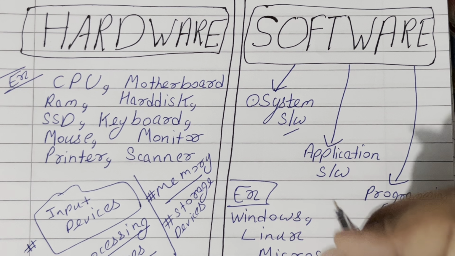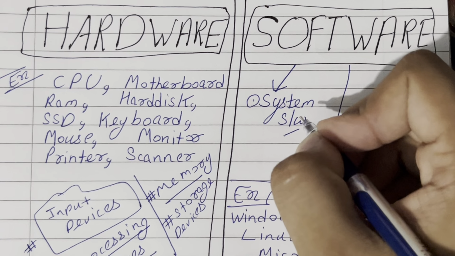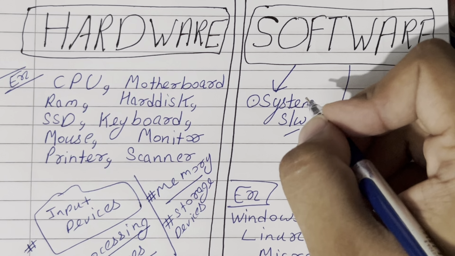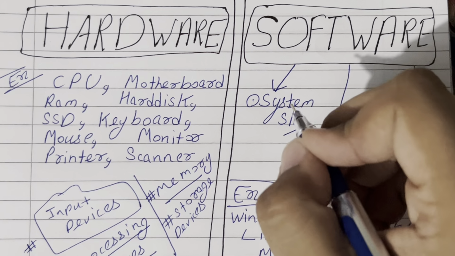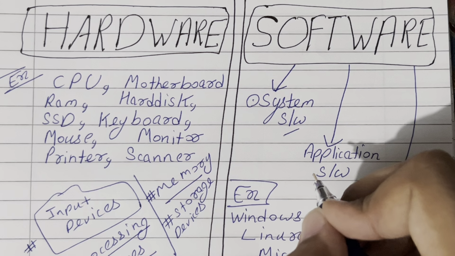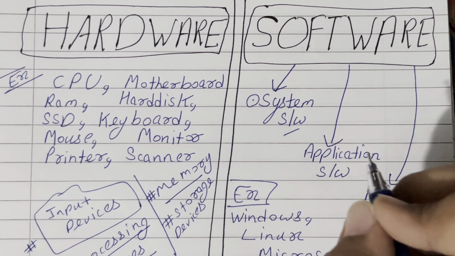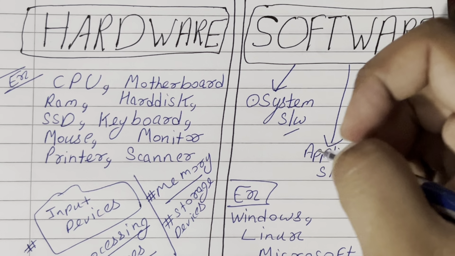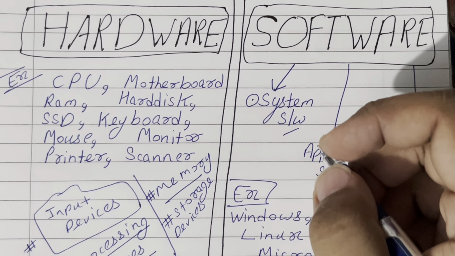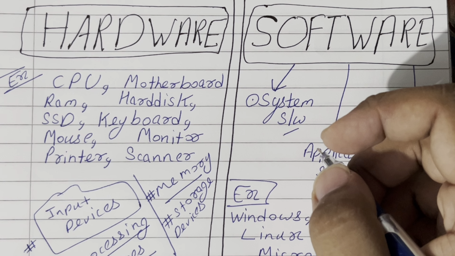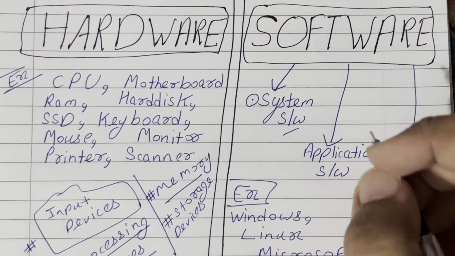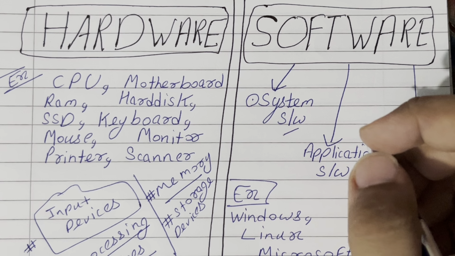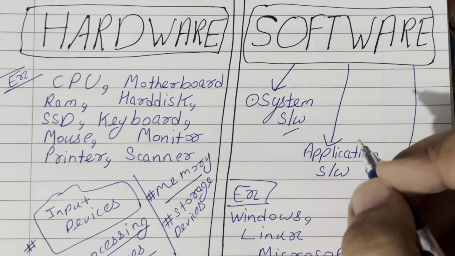System software generally operates in the background, and it provides the basic environment required for other software to work. Some main examples of system software are operating system, device drivers, utility software, and firmware.